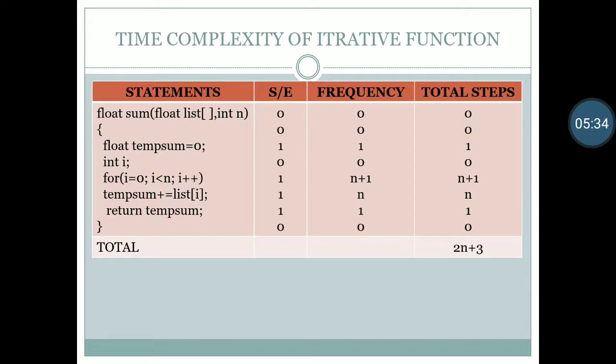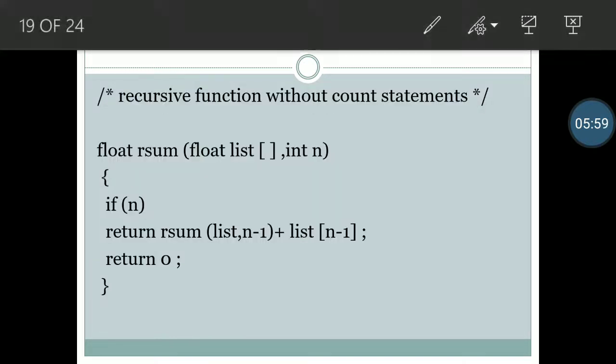We have initialized our tempsum value to 0, so we count it as 1 frequency. But if we are only declaring any variable, then we cannot add it to the frequency. After that, the for loop, for i equal to 0, i less than n, and i plus plus, will be considered as frequency n plus 1.